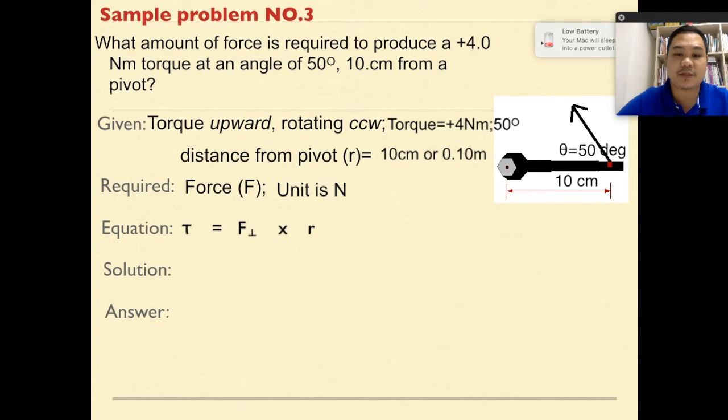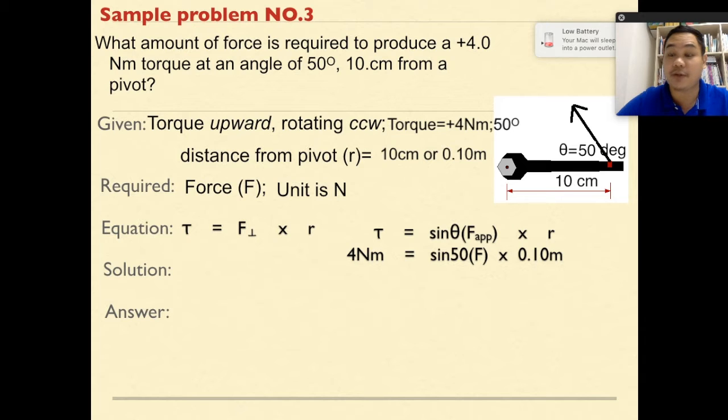And here's our equation. We have to take note that torque is sine theta multiplied by F up times R, since we're looking for the force perpendicular. And then therefore, we have here 4 Newton meter is equal to sine 50 degree multiplied by F times 0.10 meter. And solving for sine 50, that's 0.766.